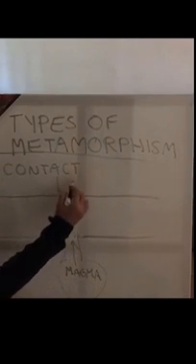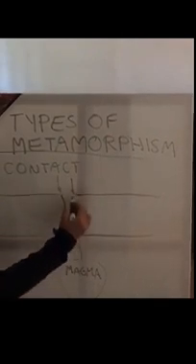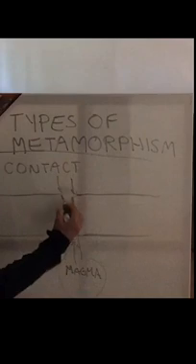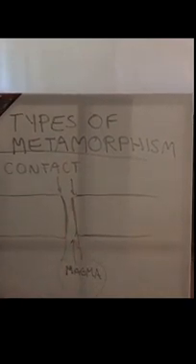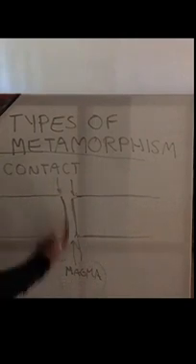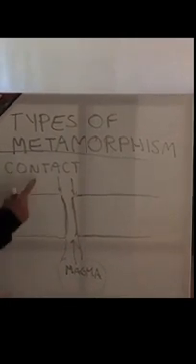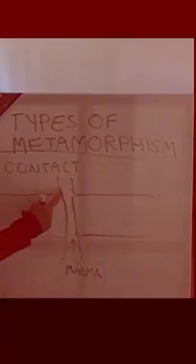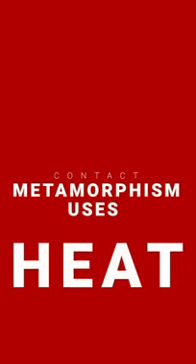So the contact metamorphism is going to happen all along the walls, basically, of that channel, or the walls of the fracture in the earth where the magma goes through. That's contact because it's using heat to change the rocks.